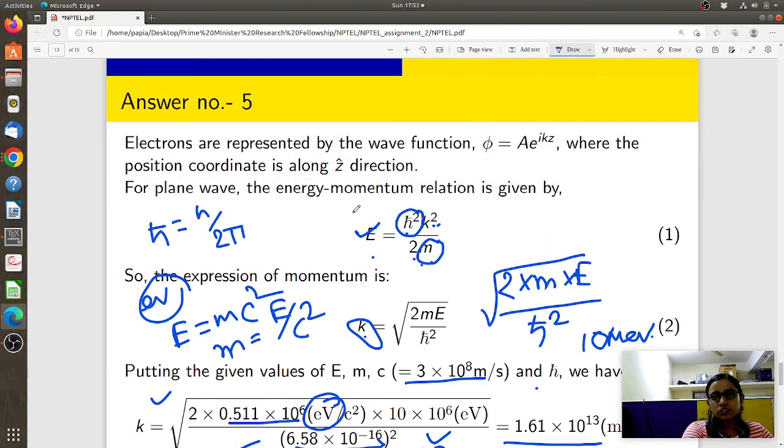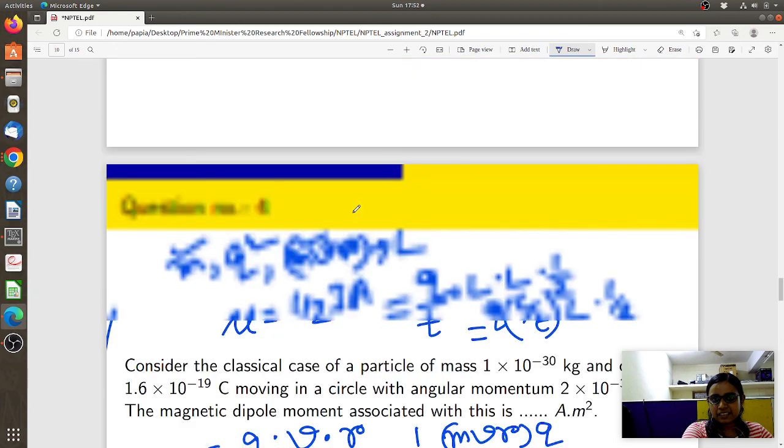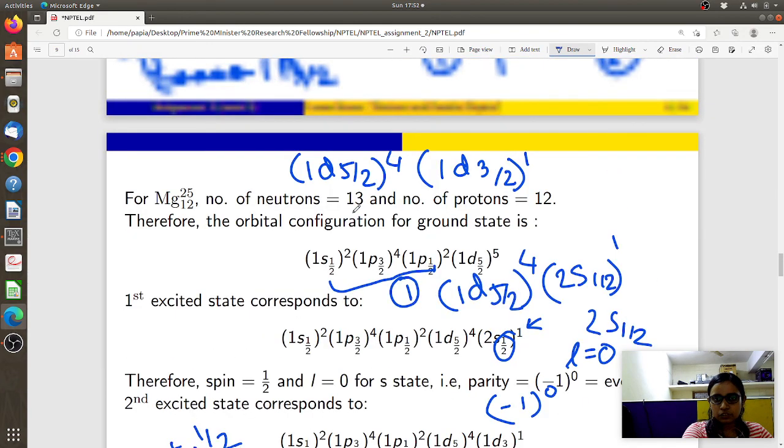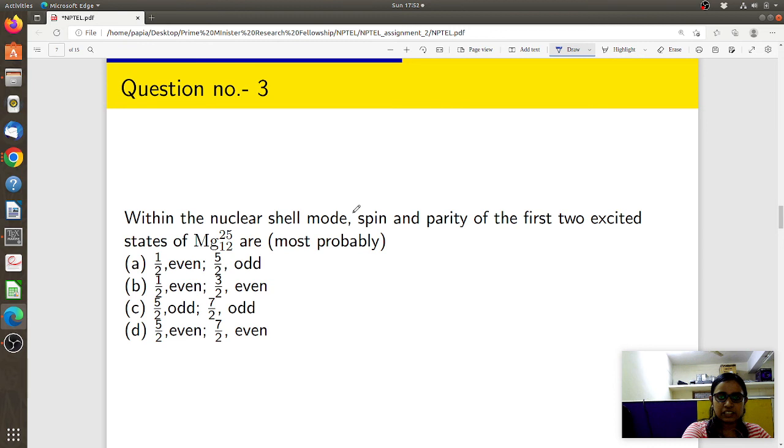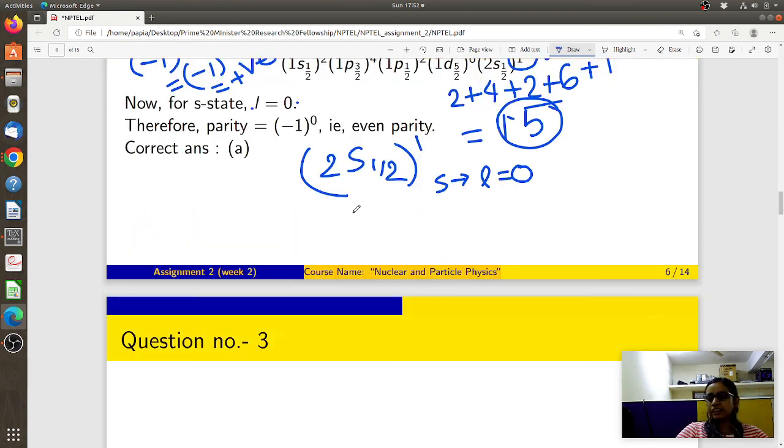As a summary, the first 3 questions come from the shell model, which is a very important model in our understanding of the nucleus. The key point of the shell model is that at first we have to write the orbital configuration of the nucleons and find the valence nucleon for our system.